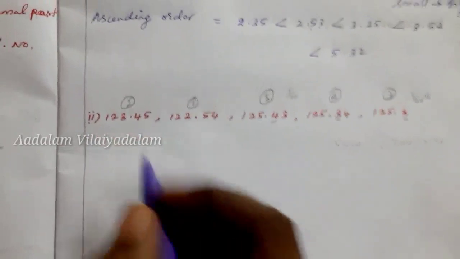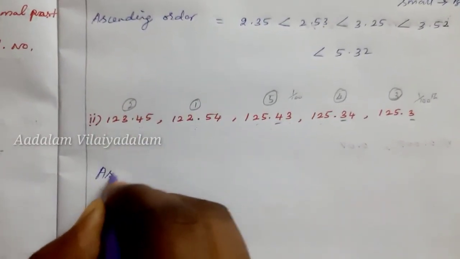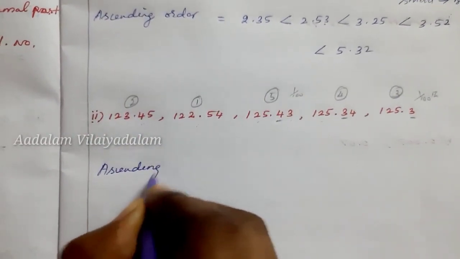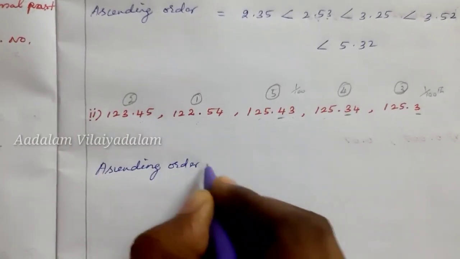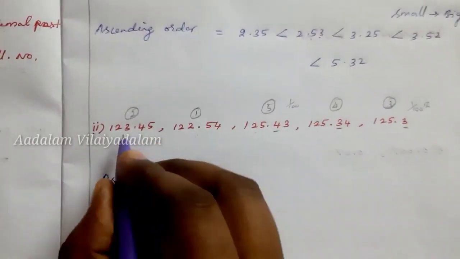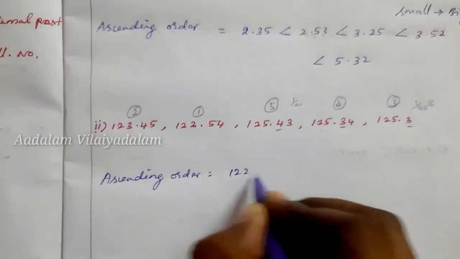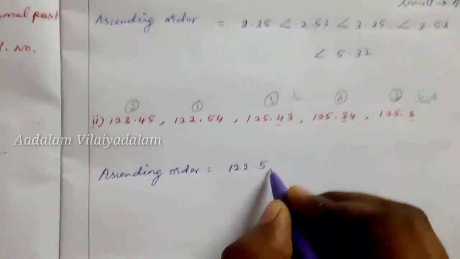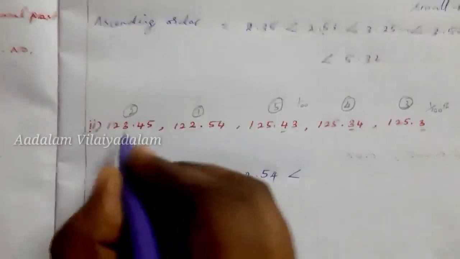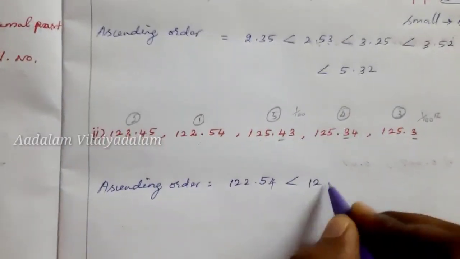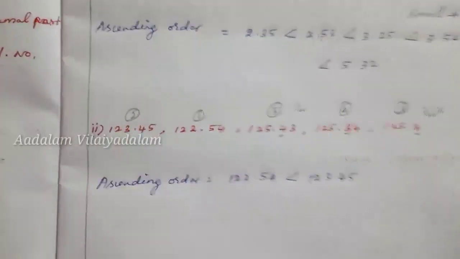So let us write the answers. Ascending order. So what is the first one? 122.54 is less than. The second one is 123.45.